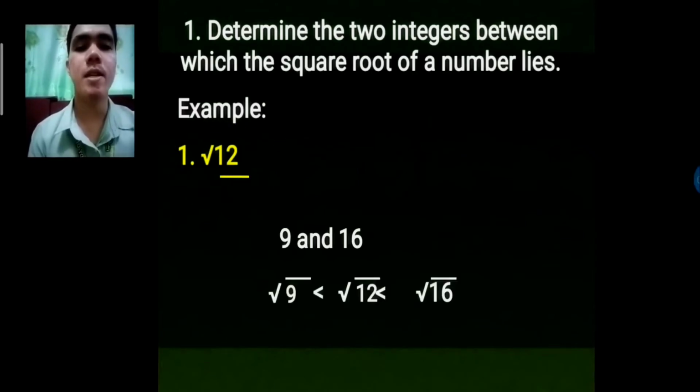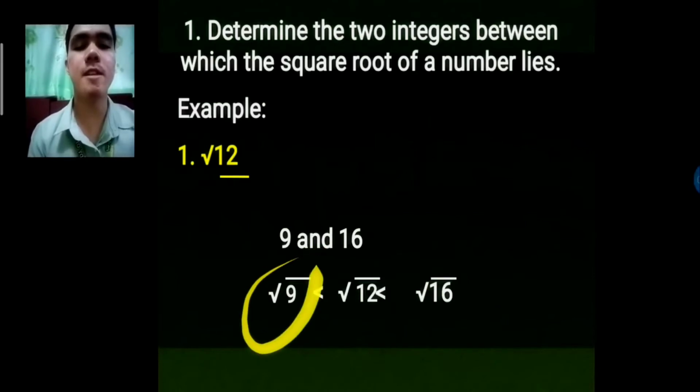Now we have square root of 9 is less than square root of 12. Okay, take note, square root of 12 is between square root of 9 and square root of 16. So as you can see, square root of 9 is less than square root of 12, and square root of 12 is less than square root of 16.